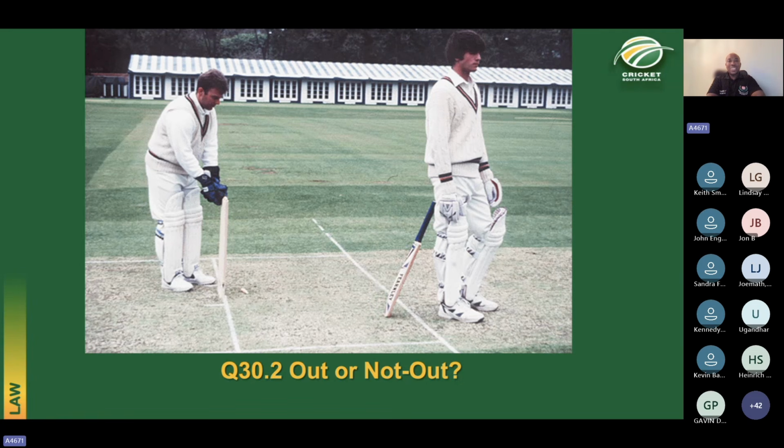The bat is not in hand. The bat is grounded behind the popping crease, but it is leaning on the hamstring of the batter. It is not held in the batter's hand. Quiz question 30.2, is this out or not out? Please type your answer to the question into the chat box, and I'll go through all the answers at the end of the presentation.